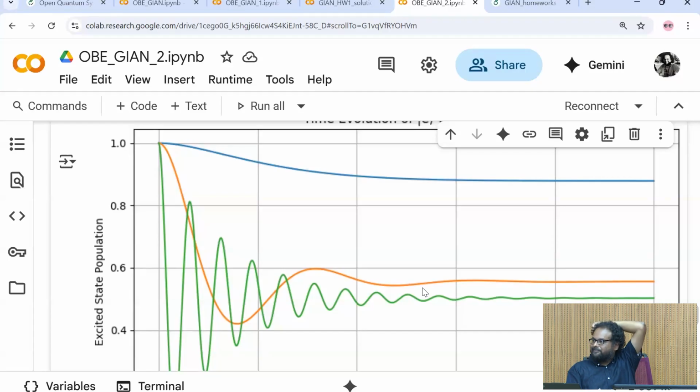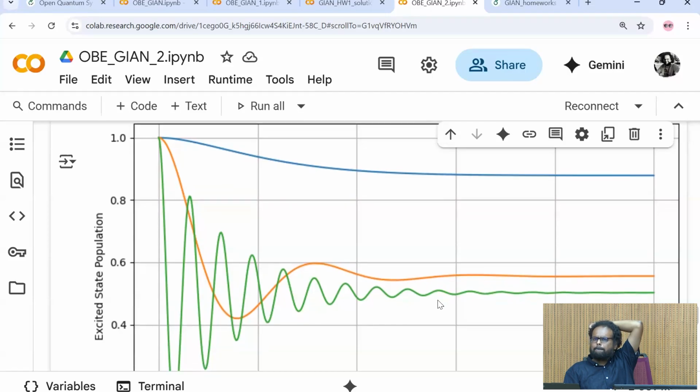Yeah, but in the oscillatory case the steady state population will be somewhere in the middle, say 0.5 or something, while in the fast decay case it's not going to 0. Yeah, because of the choice of gamma that I used.